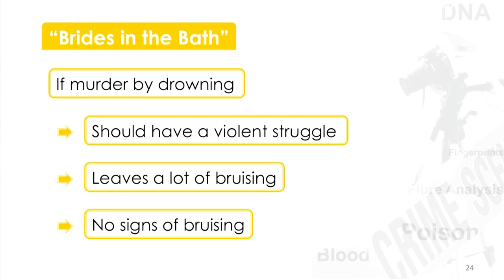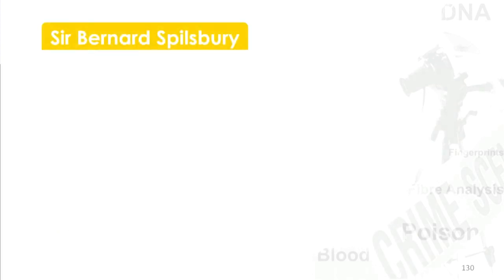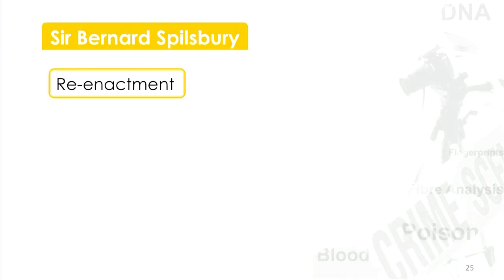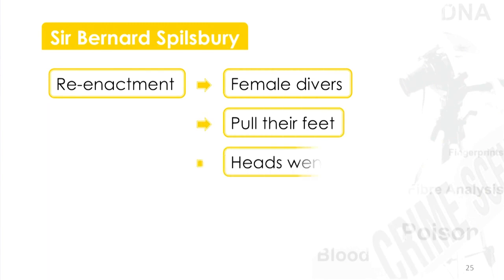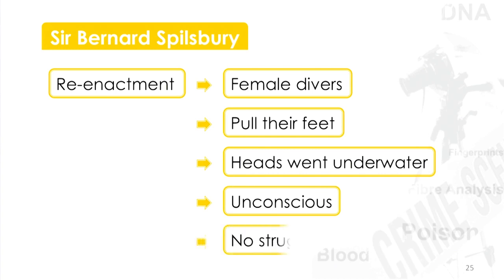Well, how do you tell? Well, the man called in to investigate this aspect was someone we met already in this course, Sir Bernard Spilsbury. And Sir Bernard decided the only way to test this theory was by reenactment. So he got some lady divers to volunteer. They got in the bath, he pulled their feet, their heads went underwater, and sure enough, they rapidly became unconscious without any struggle.